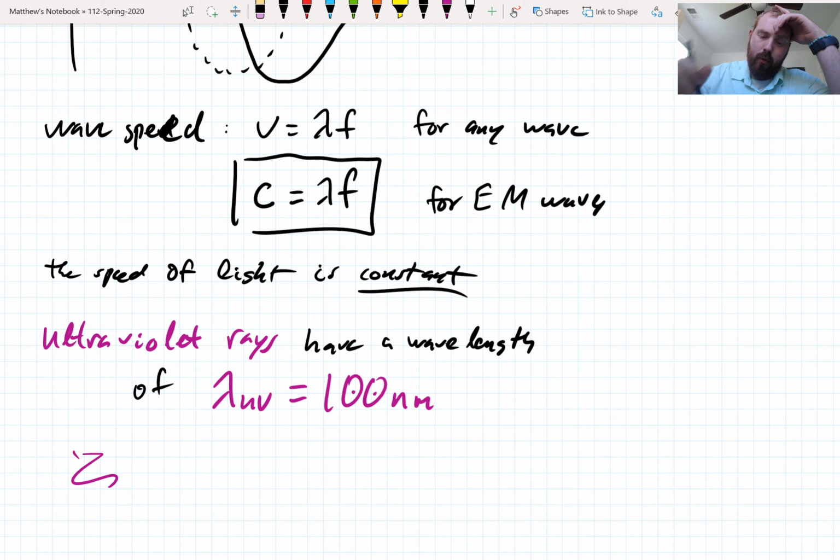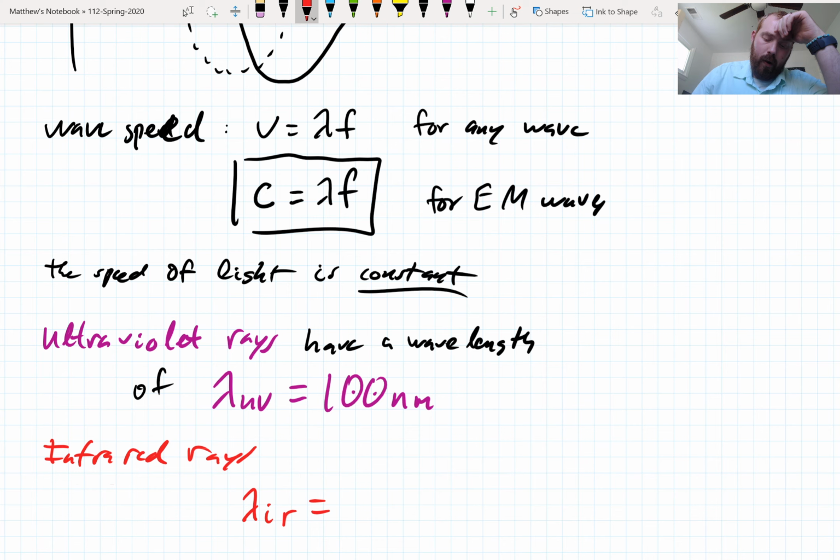And now let's compare that with infrared rays. Infrared rays have a wavelength of 1 micrometer.